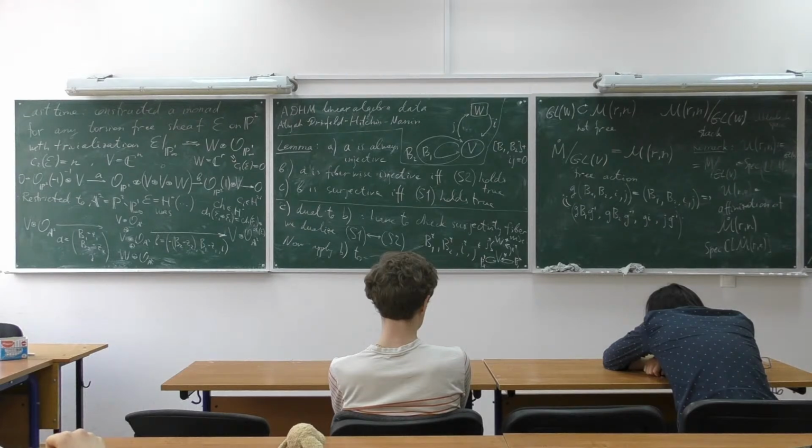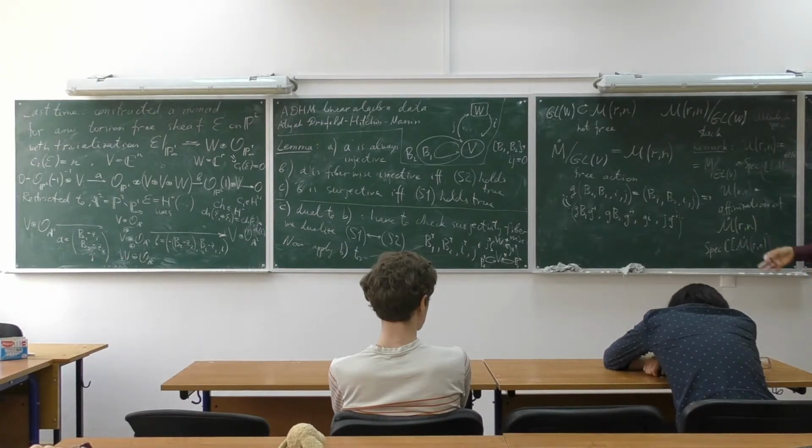Is it the general notion? Affinization? Yes. Yeah, for any scheme, you can consider this thing, but the caveat is that it can be infinitely generated. So you can take a nice Noetherian scheme, but the ring of functions will be infinitely generated. It can happen in principle.